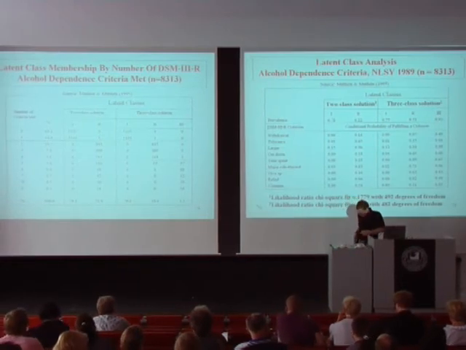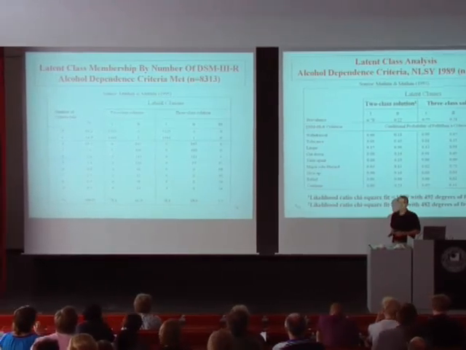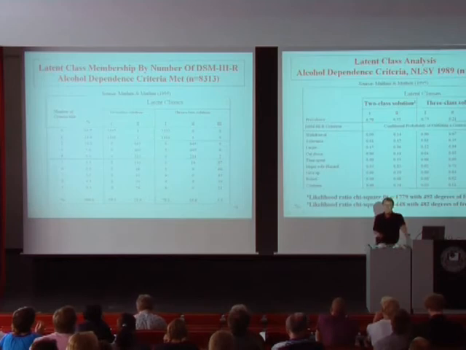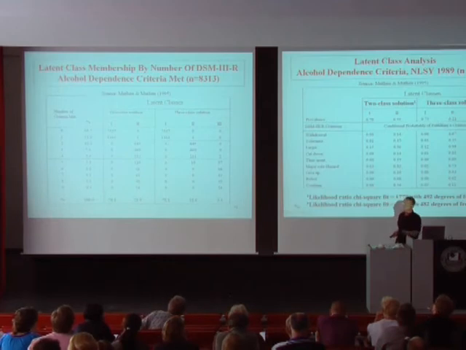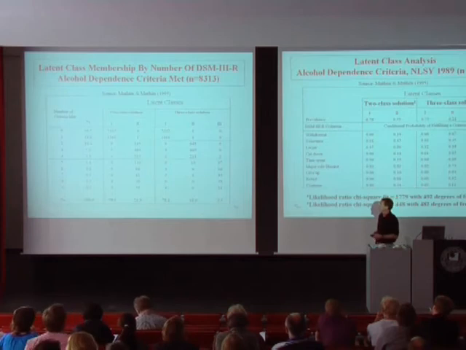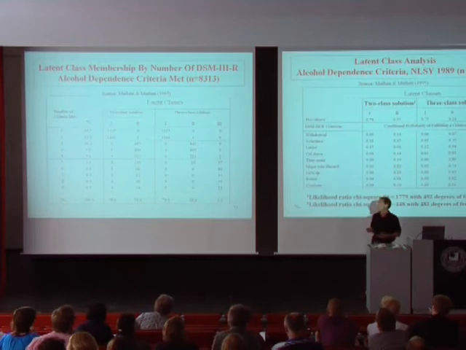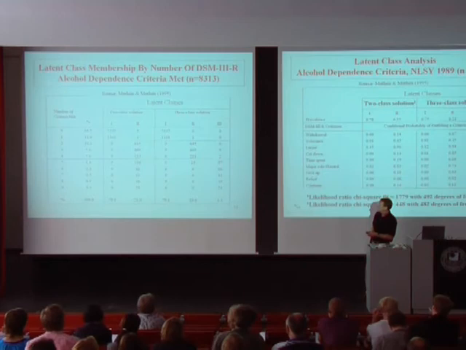So this is actually corresponding to a real situation that is discussed in the U.S. They're trying to come up with new ways of coming up with cut points for diagnostic criteria of substance abuse problems in the DSM-5, Diagnostic Statistical Manual, version 5, moving from 4 to 5, and then trying to decide how many criteria should you require to be fulfilled for being alcohol dependent.